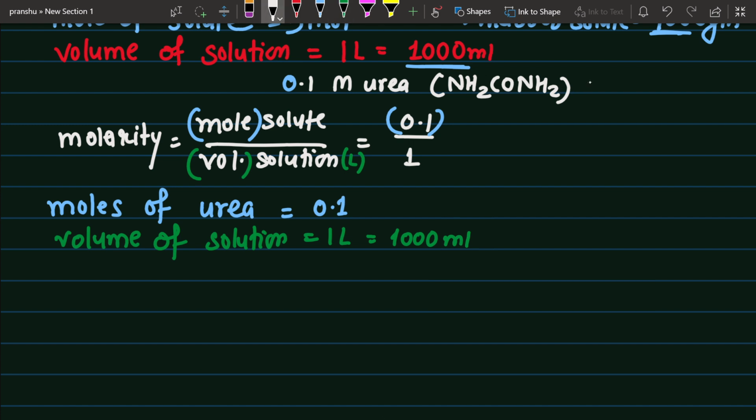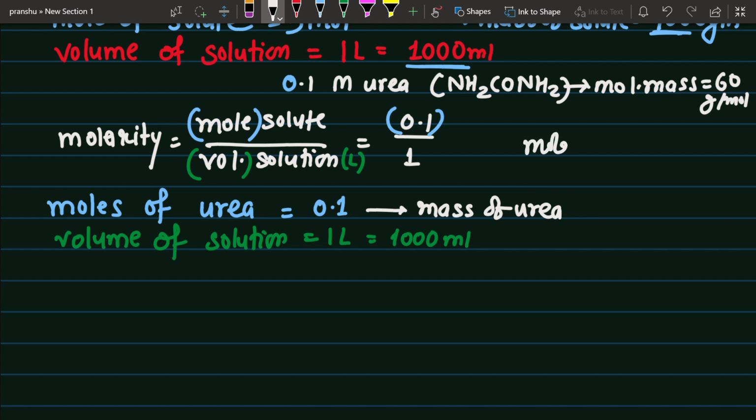This compound has molecular mass 60 gram per mole. So we can calculate the mass of urea. We know mole is equal to mass upon molar mass.